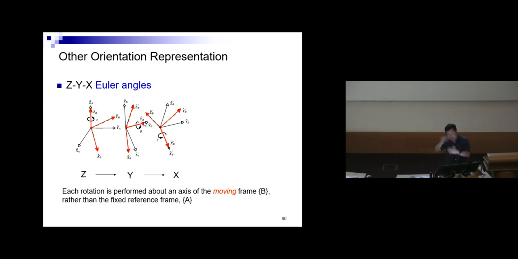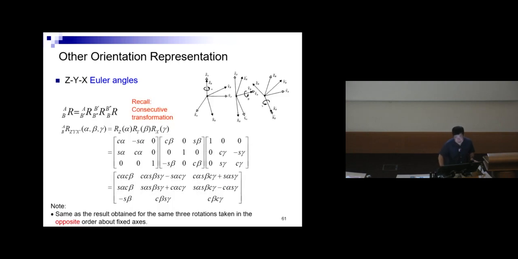So you are actually rotating with respect to the moving frame. And then followed by the X, which is again rotating along the moving frame. So the rotation is performed about an axis of the moving frame B rather than the fixed frame A. So you have this Euler angle.